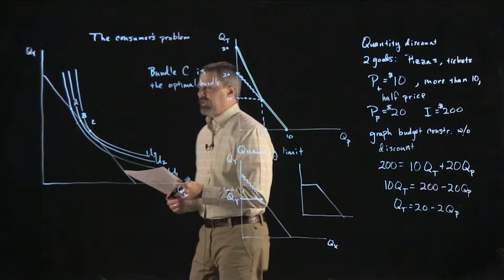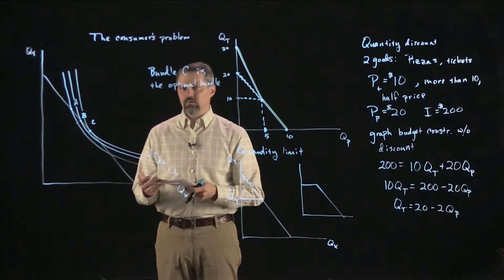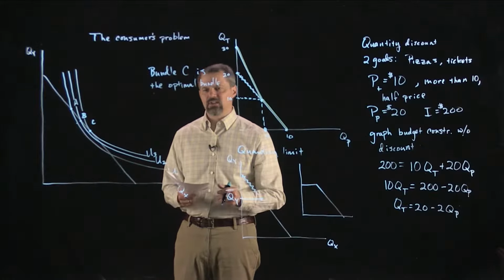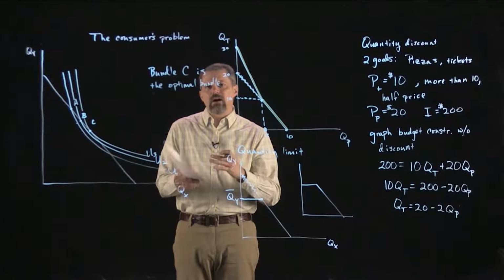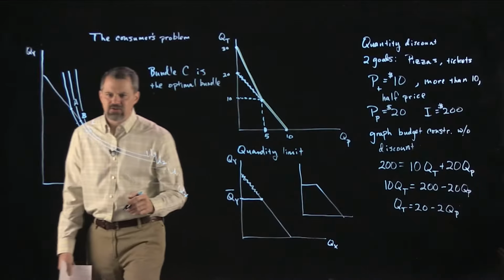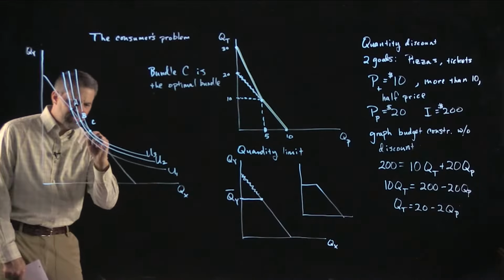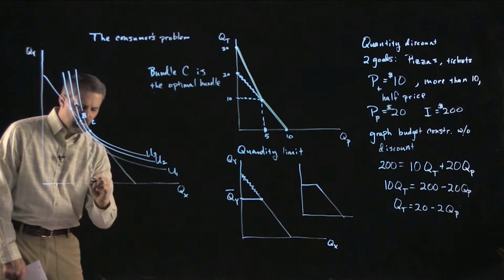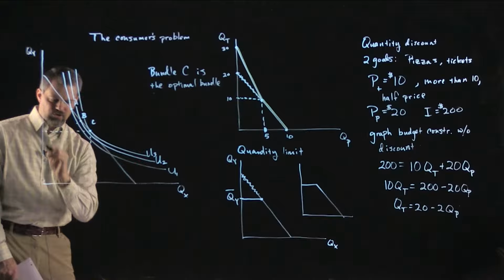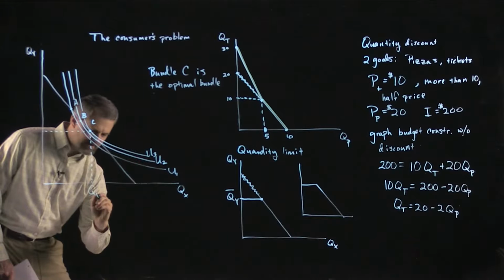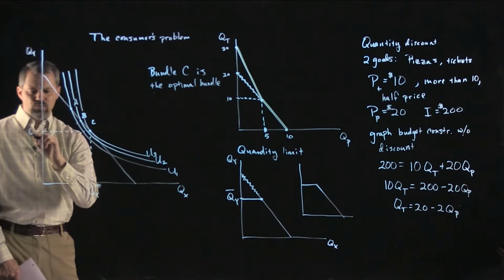Bundle C allows the consumer to achieve the highest level of utility. Now the coordinates of that bundle C tell us how much good X and good Y the consumer would consume. What this tells us is that the consumer would buy that much good X and this much good Y: Qx star, Qy star.